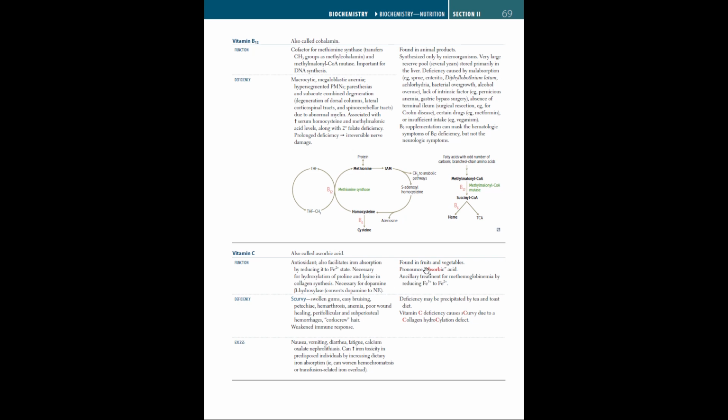Vitamin C is found in fruits and vegetables. If there's a deficiency in vitamin C, patients can come up with something called scurvy, which is swollen gums, easy bruising, petechiae, hemarthrosis, anemia, poor wound healing, perifollicular and subperiosteal hemorrhages, or corkscrew-like hair, and a weakened immune system.